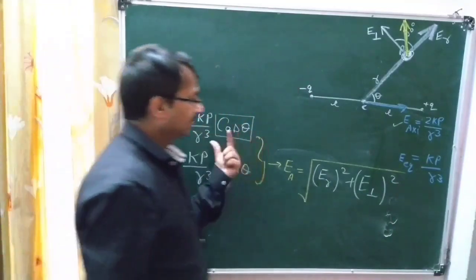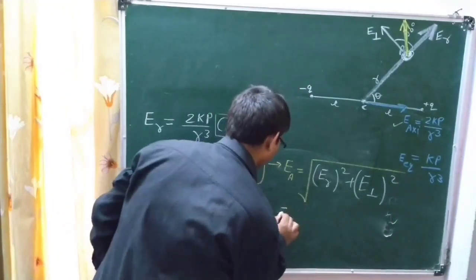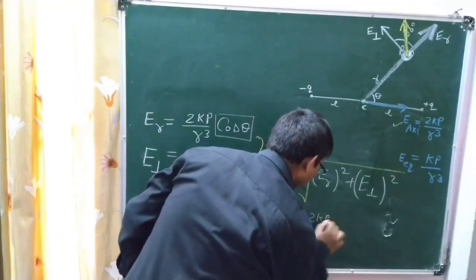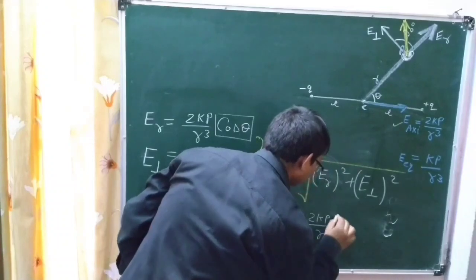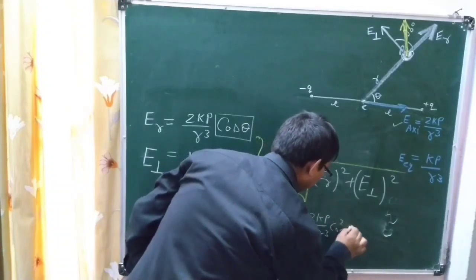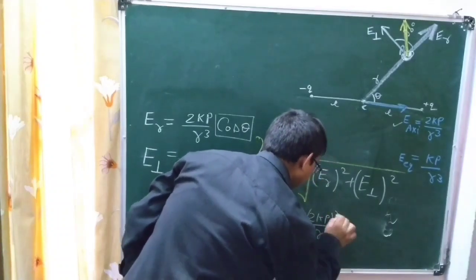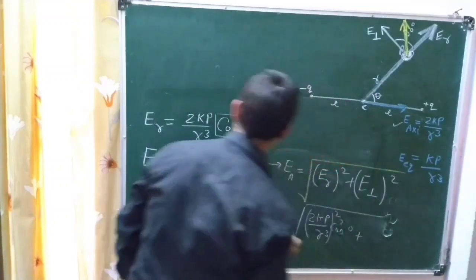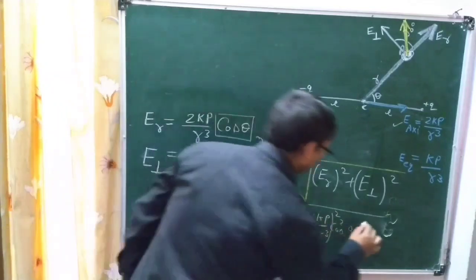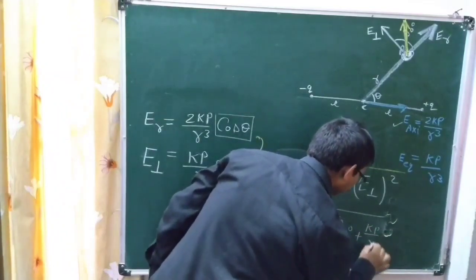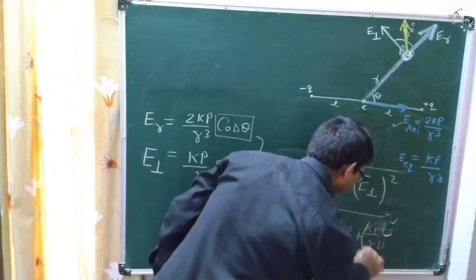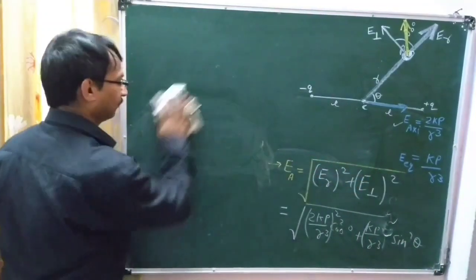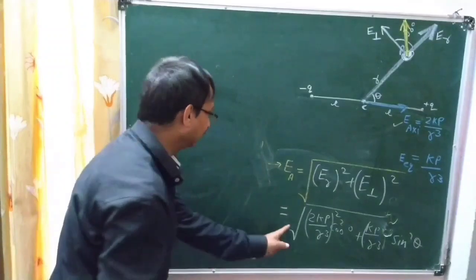If we put these terms in, we get the square root of (2kp upon r cube cos theta) whole square plus (kp upon r cube sin theta) whole square.